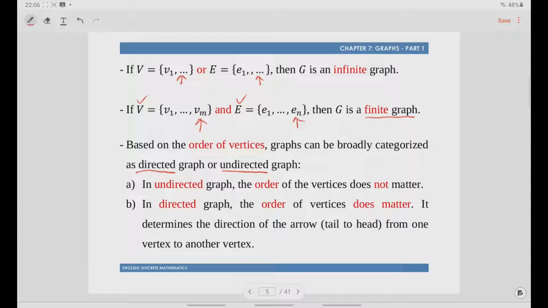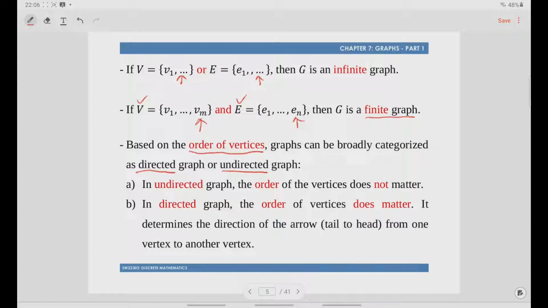So if the condition is regarding the order of vertices, which one comes first, which one comes later, then based on this condition, graph can be broadly categorized into two main classes. The first class is called directed graph, and the second one is called undirected graph.